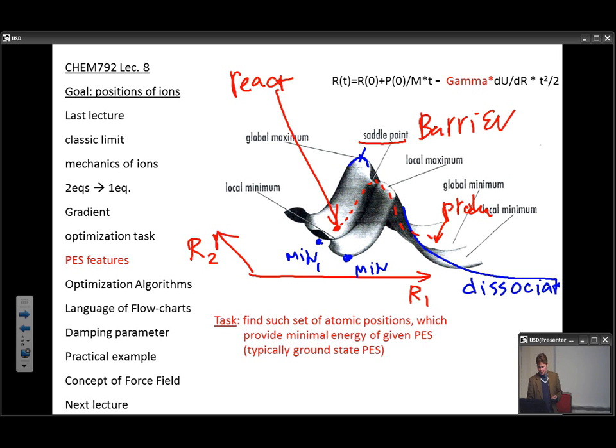So if there is no dissociation, then one just finds the minimal point on the whole potential energy surface. And for most cases, one refers to geometry optimization for the ground electronic state, although it is possible for excited states too. Yes, Mohammed?